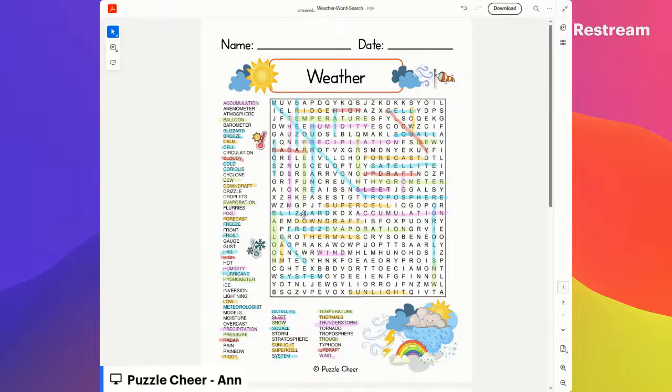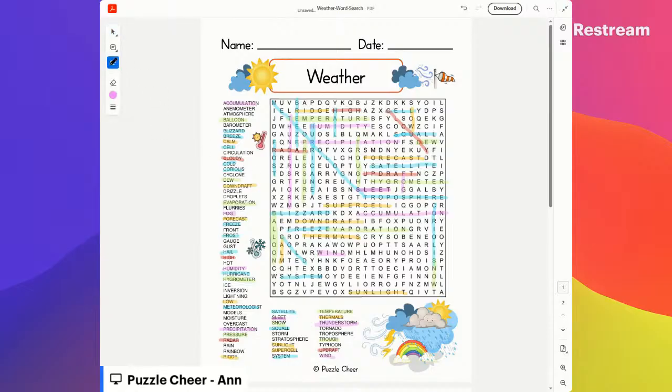So blizzard has 2 Z's. I might have to come back to, oh, drizzle.